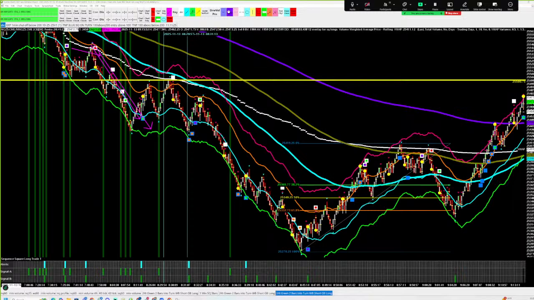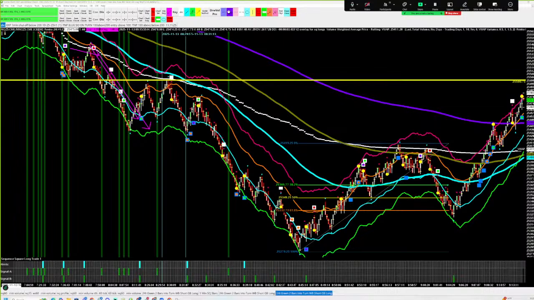A 150 point rotation up, two of them, straight up, no relief. And now you have all the shorts on the run. Here comes another high.